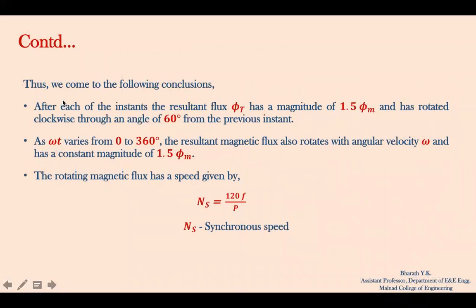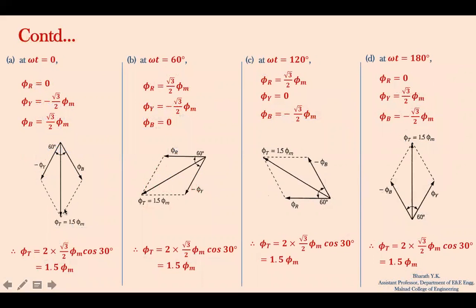Thus, we can come to the following conclusions. After each of the instants, the resultant flux has a magnitude of 1.5 phi m, and it appears to rotate in the clockwise direction through an angle of 60 degrees from the previous instant.